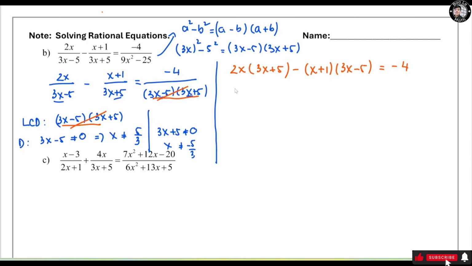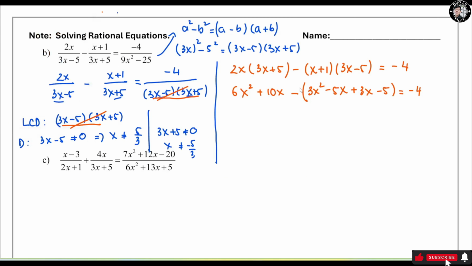Now distribute. We have 6s squared plus 10s minus, in parentheses, s times 3s is 3s squared, s times -5 is -5s, 1 times 3s is plus 3s, 1 times -5 is -5, equals -4.